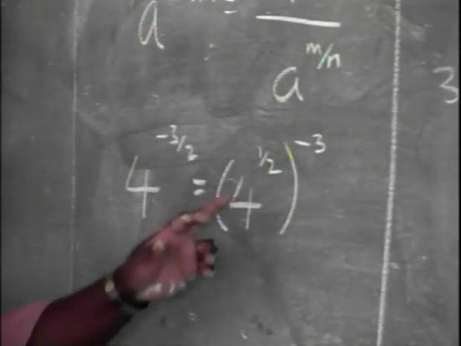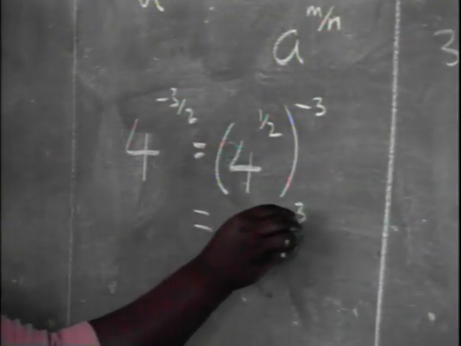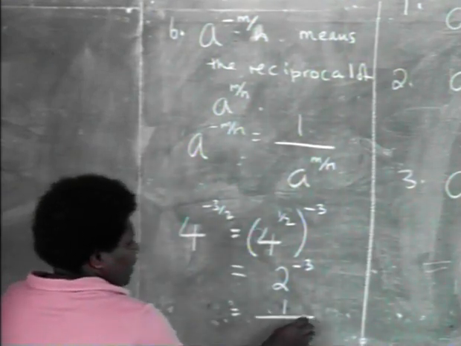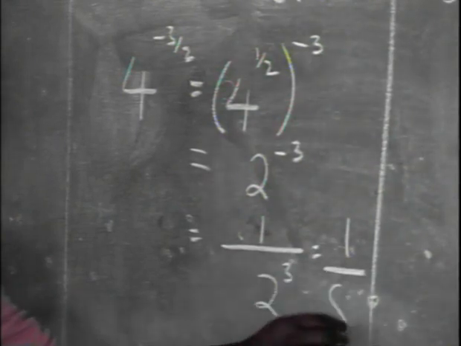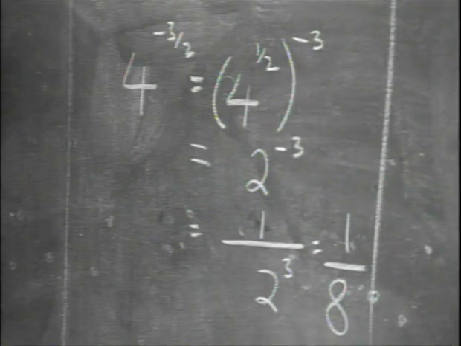So the square root of 4 is 2, then 2 to the power of negative 3, and following that rule, 1 over 2 cubed, which is 1 over 8. Is this clear? Okay.